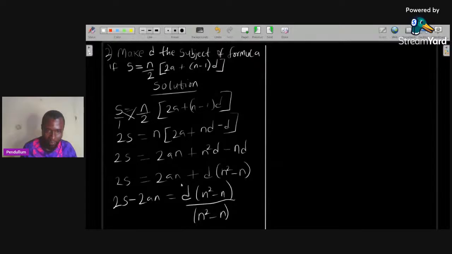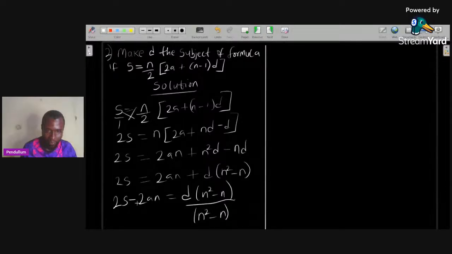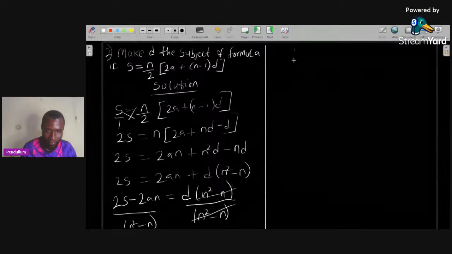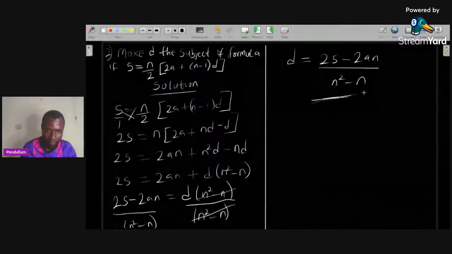And in mathematics, whatever you do to one side, you must do to the other side, so I also divide the other side by n squared minus n. This will cancel, and I'll be left with d is equal to (2S minus 2an) all over (n squared minus n). This is how you make d the subject of the formula in this equation.